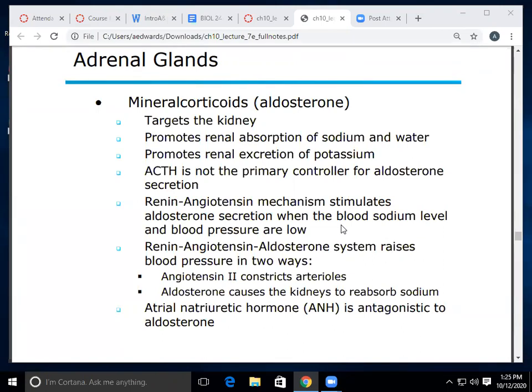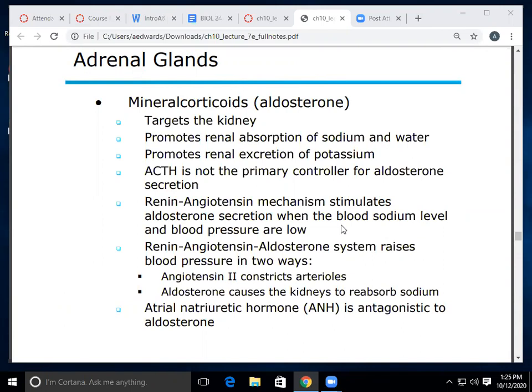So again, this constriction makes it harder to get the sodium or other ions out of your kidney blood vessels, but also helps them go back. Those that get into the kidney tubules, get them back into the capillaries.